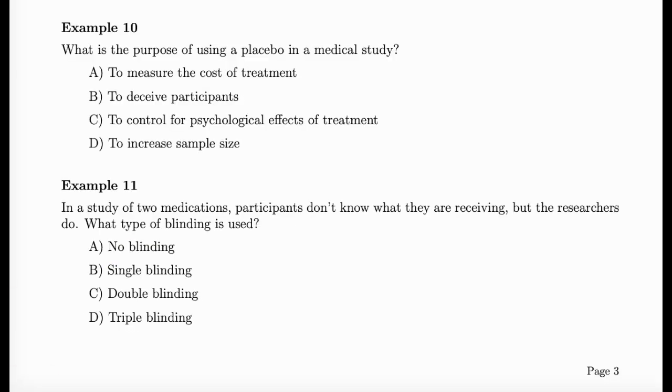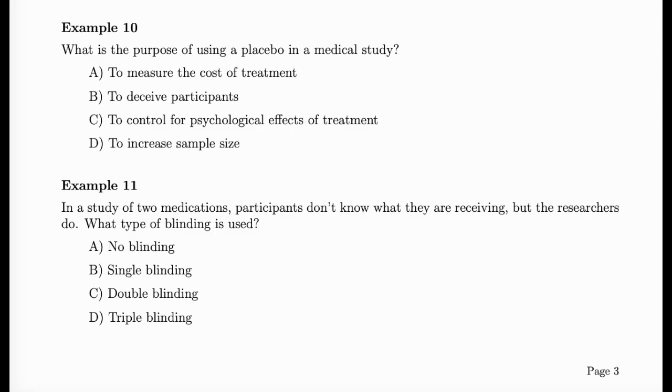Okay, let's look at example 10. What is the purpose of using a placebo in a medical study? So I already basically mentioned that earlier. We want to make sure that a placebo helps make sure any improvements in the treatment group are actually because of the medication, not just by the person's expectations or beliefs.